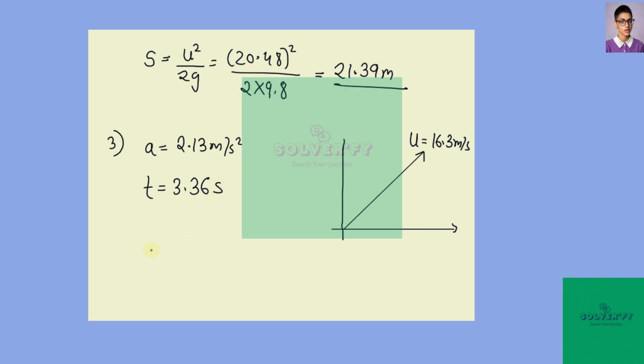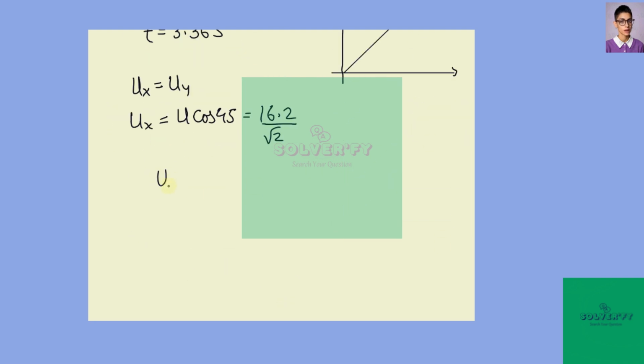Now if we calculate ux, ux will be equal to uy. So ux will be equal to u times cos 45, which is 16.2 times cos 45, that is 1 over square root of 2, and if we calculate this we get ux as equal to 11.45 meters per second, and that is equal to uy.